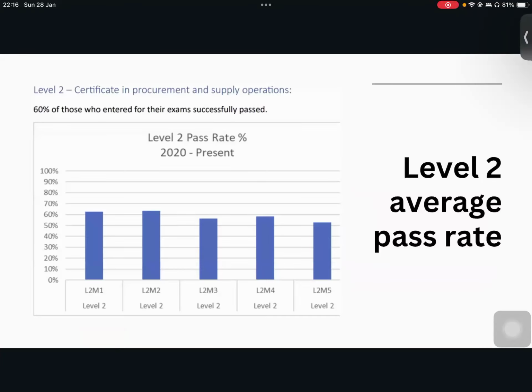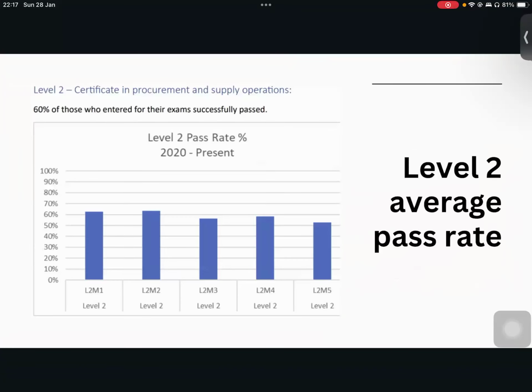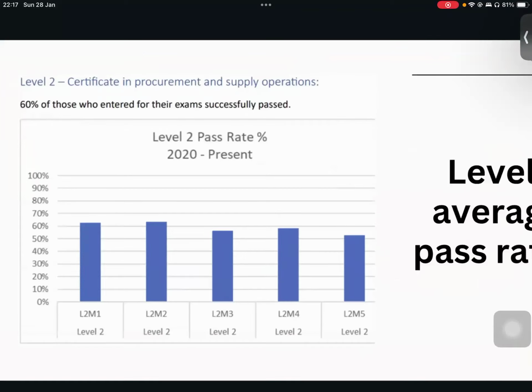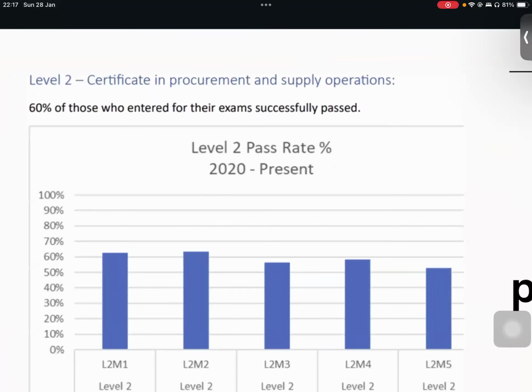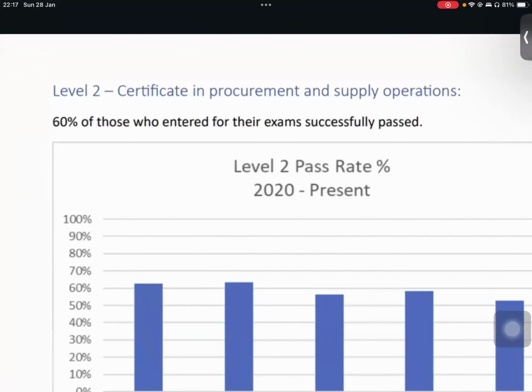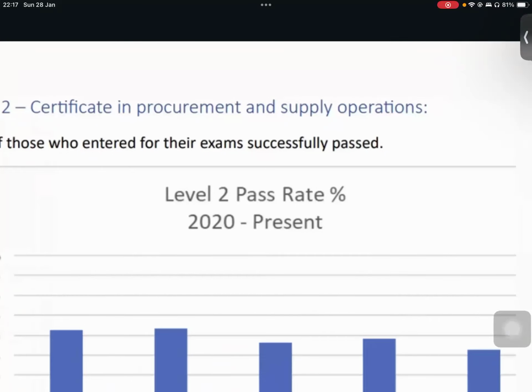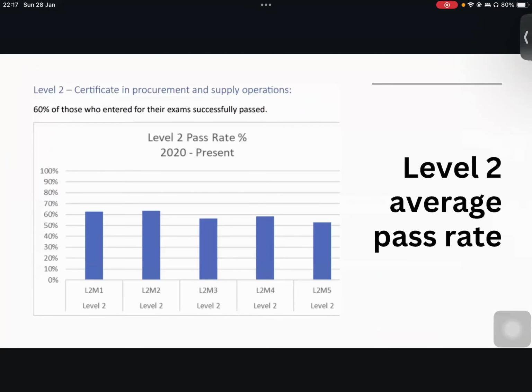Actually, level 2 has the lowest average pass rate. According to CIPS statistics, from 2020 until now, 60% of those who enter the exam successfully passed. It means that 40% of the candidates failed level 2.